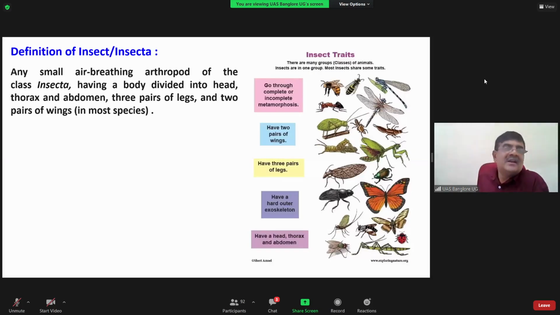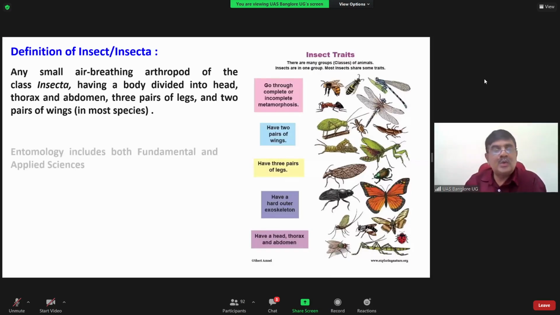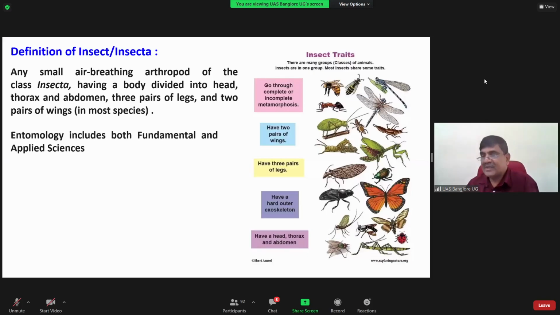So remember, insects are air-breathing arthropods. The body is divided into head, thorax and abdomen, carrying three pairs of legs and two pairs of wings.